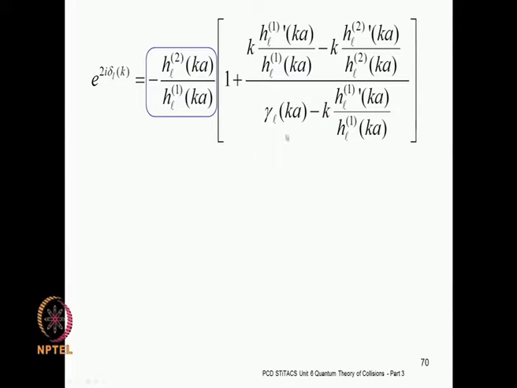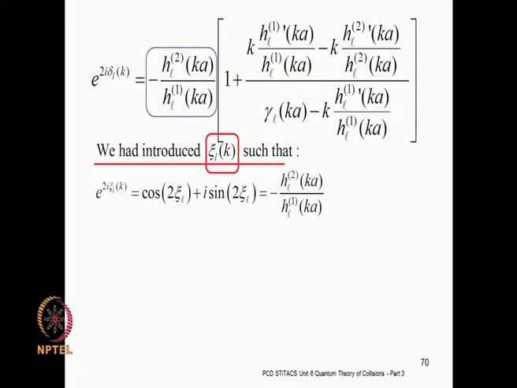In terms of this gamma, which comes here as one of the terms in the denominator, which we defined on the previous slide, the scattering phase shift we wrote as a product of two factors, one in this blue box and the other in this rectangular bracket. This separation we expressed in our last class.